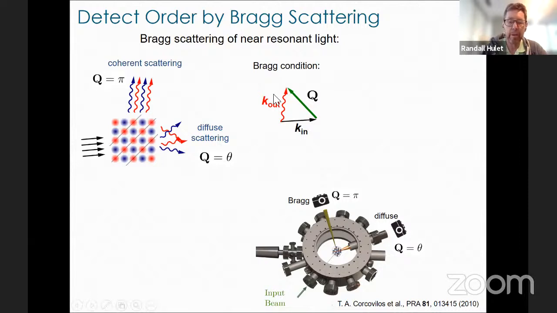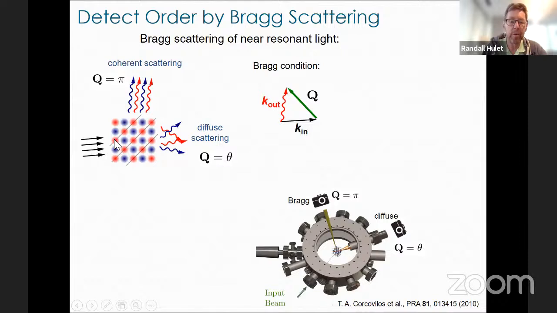Q is the wave vector of the order, and in our case Q is (pi, pi, pi) in the XYZ coordinate system, sometimes called (half, half, half). You add that coherently with an incoming beam, and you get an outgoing beam at some angle that closes this loop. The black lines correspond to the incoming light.